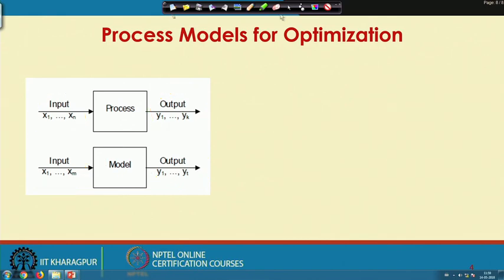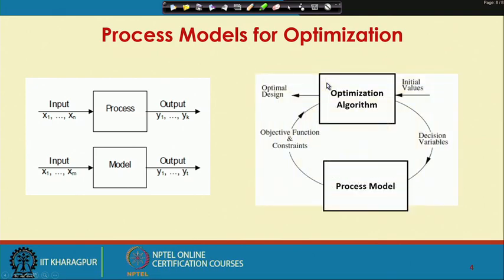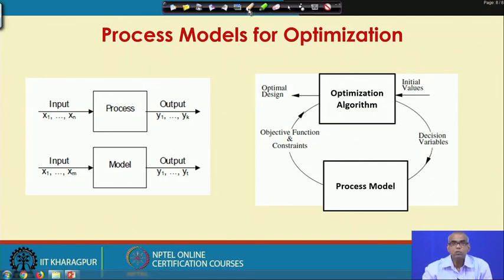So, how a process model is useful in optimization is shown in this schematic. As we know now, the optimization algorithms can be implemented on computers very easily these days. So, we have these optimization algorithms.